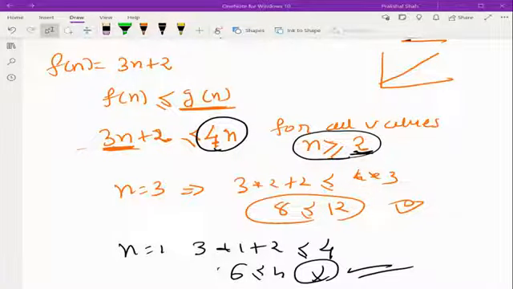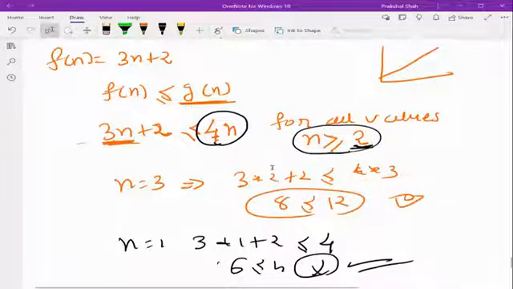After a certain value of n, the number of computer steps always increases and does not decrease. That is our g of n, the upper bound of our algorithm. After n naught, whatever graph we have drawn will always be above f of n. That is our worst case.